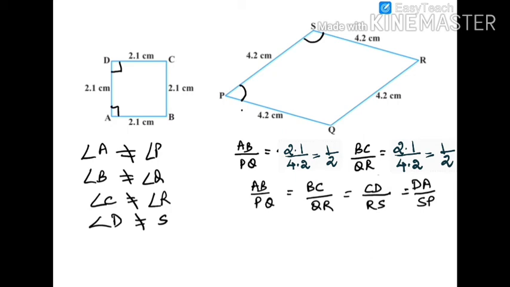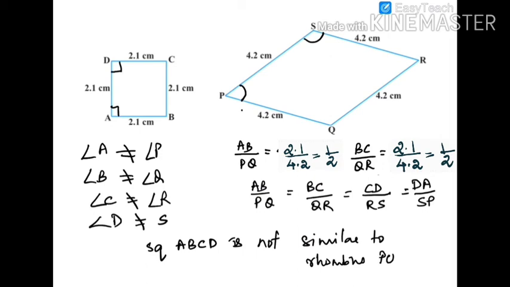So only the second condition is satisfied but the first condition is not, which means that these two figures do not have the same shape. Therefore, they are not similar. So we can write square ABCD is not similar to rhombus PQRS.